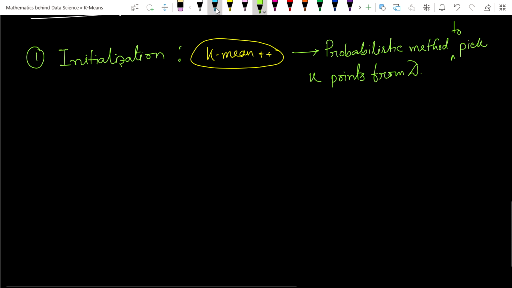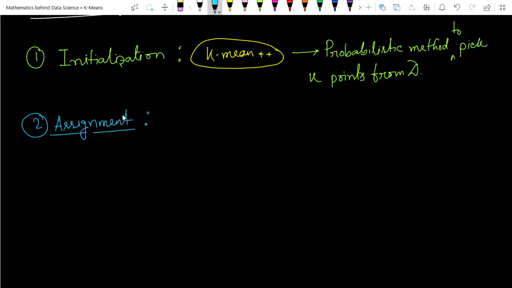Now the second stage that we have learned already is the assignment stage. For the assignment stage, the same thing applies here. It's the same as the previous one, as in K-means. Don't change anything.